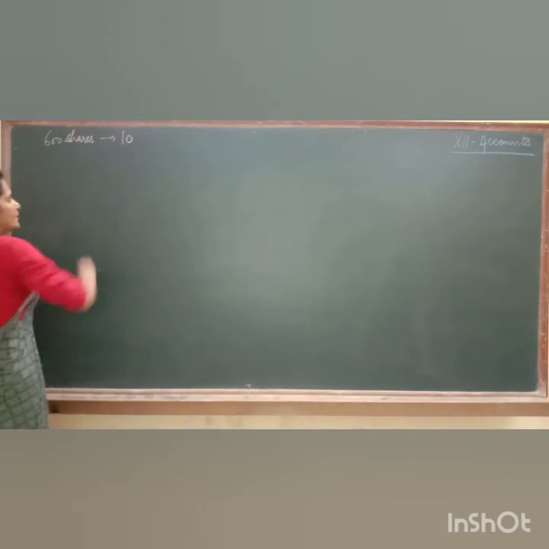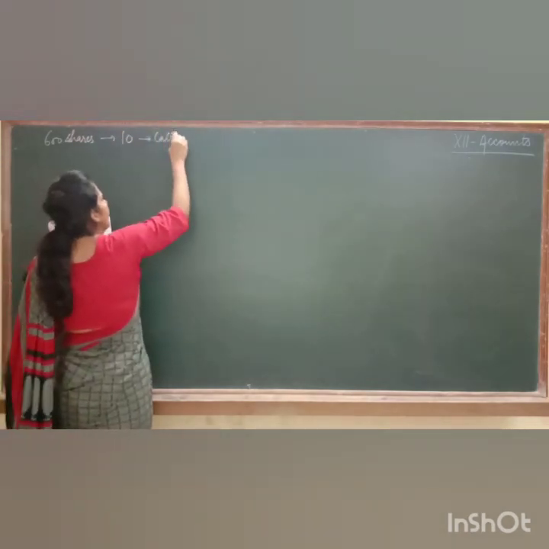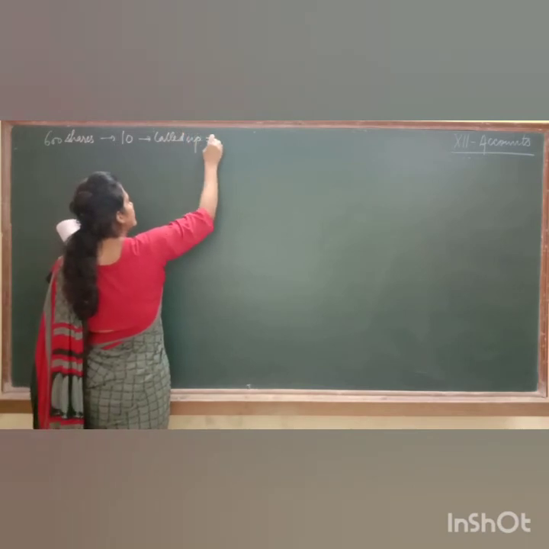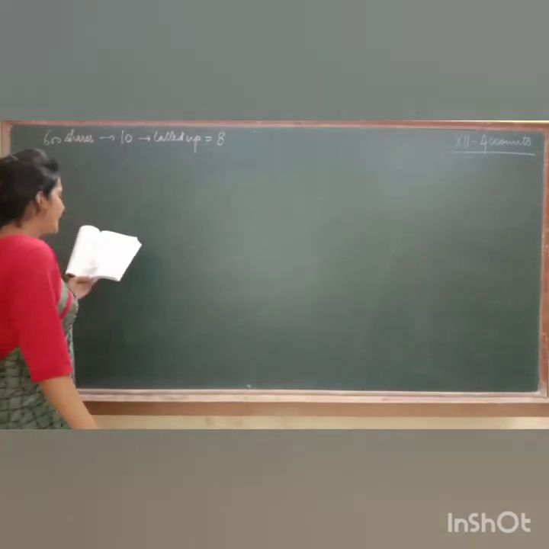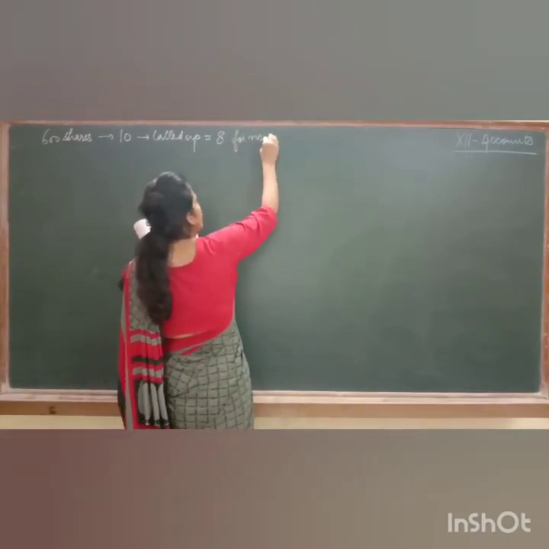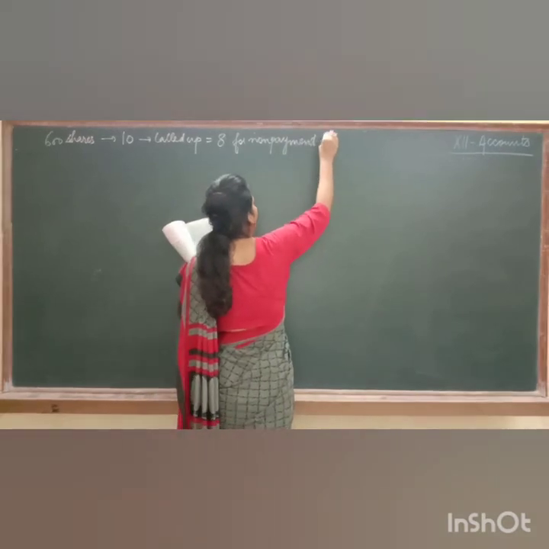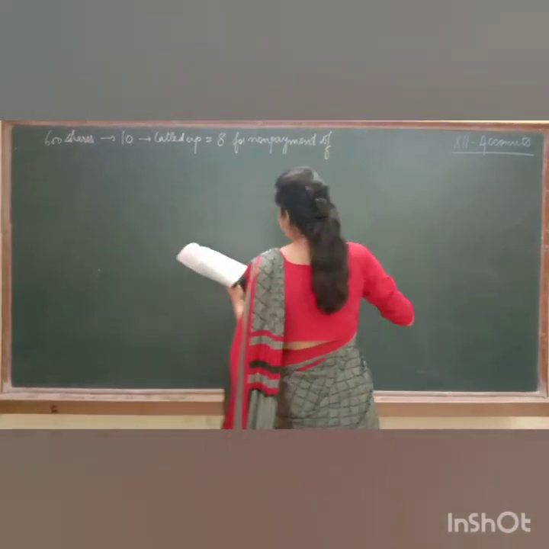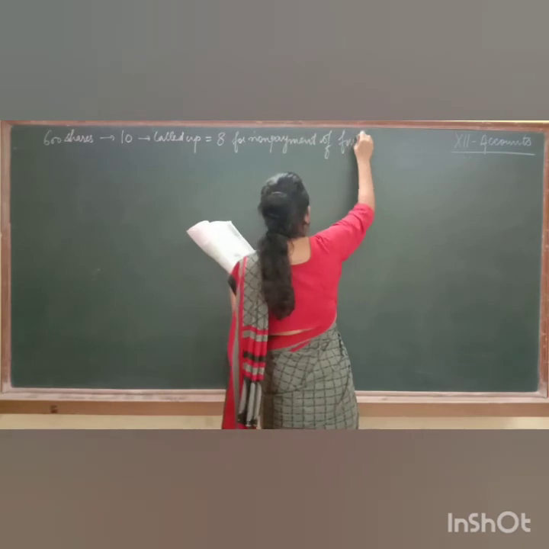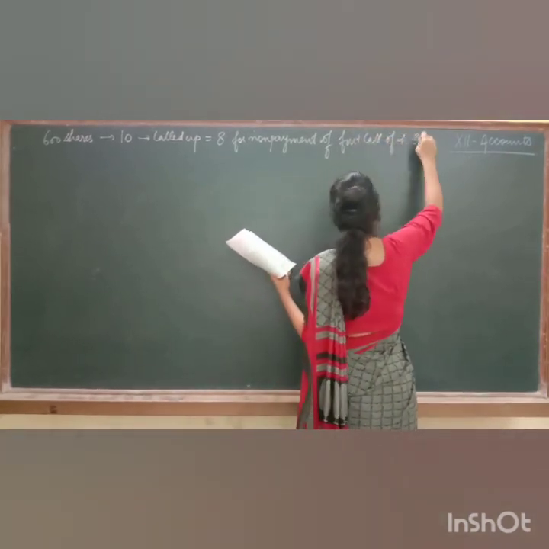Value of the share is rupees 10. 2 rupees we haven't called, so our called up capital becomes equal to 8. Why am I forfeiting the shares? Because of non-payment of which call? We have not paid the first call, for non-payment of first call of rupees 3.